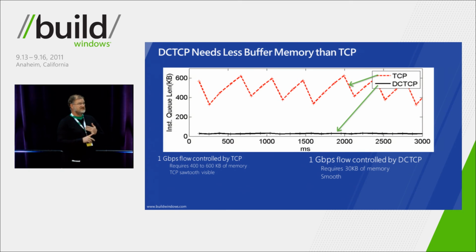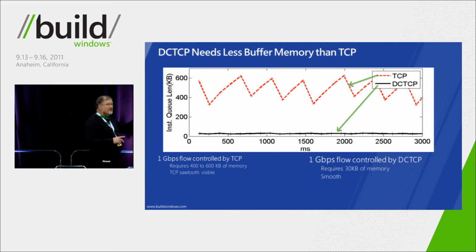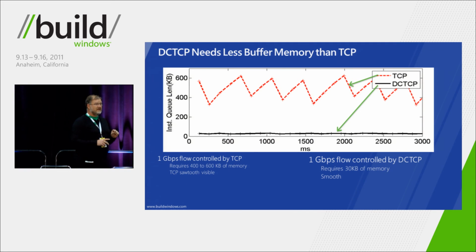When we turn on the DC-TCP algorithm and take advantage of those ECN bits, we're able to reduce the flow down to a very, very minimal buffering because we're not transmitting when we know there's congestion that's going to get backed up. So we have a very limited buffer per flow, and we still keep the pipe full, and we get just as much data through, and we can use shallow buffer switches, which cost less.